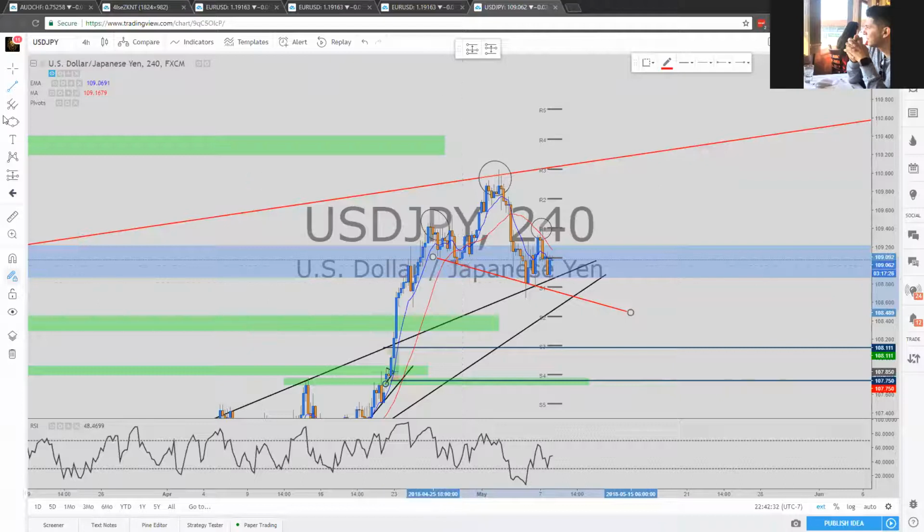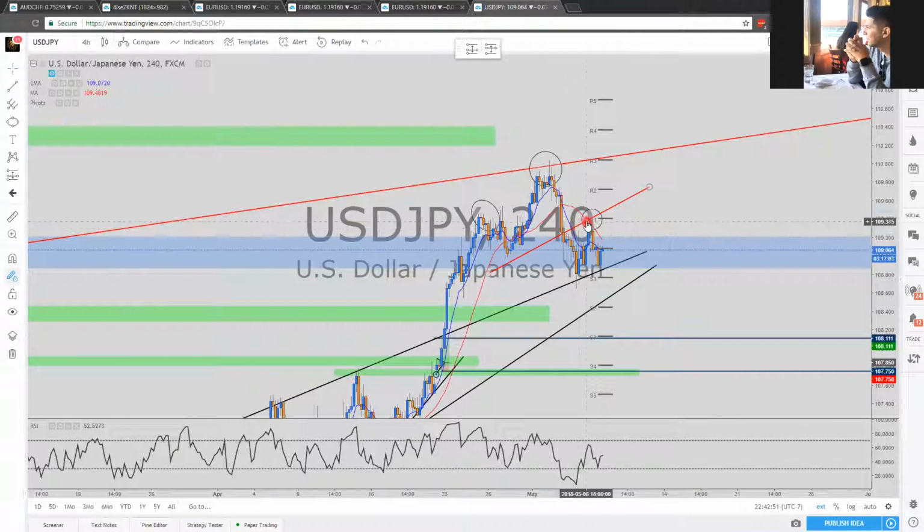I like getting in on necklines that are pointing this way, so I know to be able to get in much sooner than all the way down here for the sell. So you could get in for the sell all the way down here, but it's much better when it's pointing up like that.